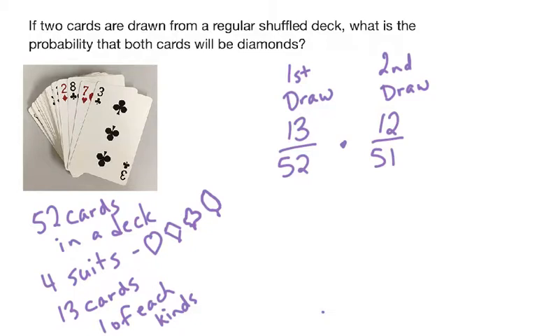So, I know that I can divide 12 by 3, I believe, would work. Let me see, 52 divides by 3. No, let's try 52 divided by 4. Good, 52 will divide by 4, and it gives me 13, and 12 divided by 4 is 3. And let's see, will 51 divide by 3?